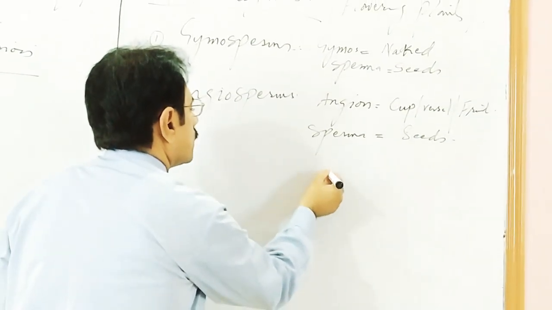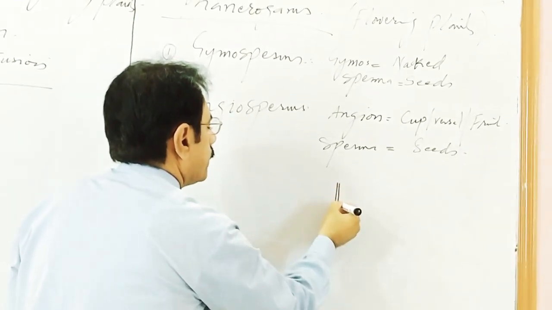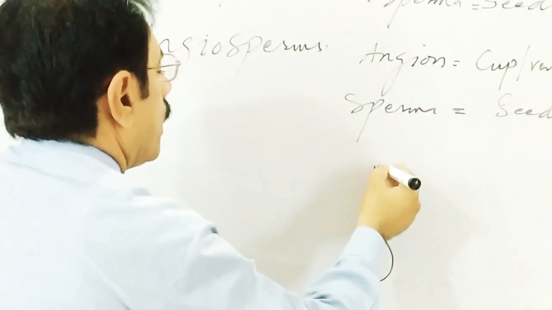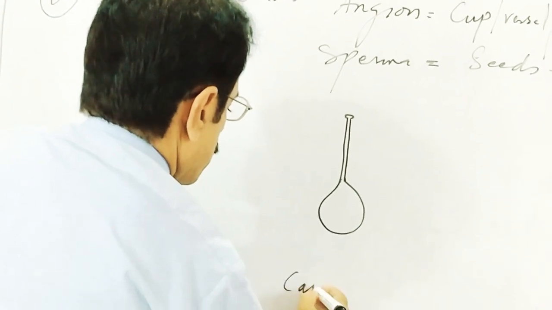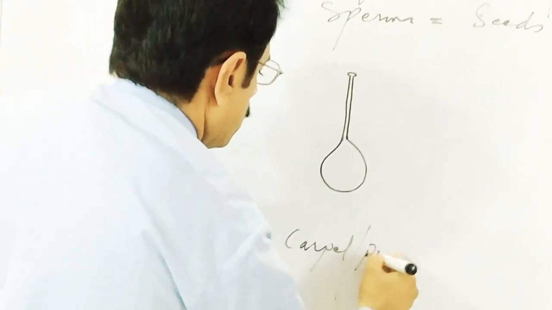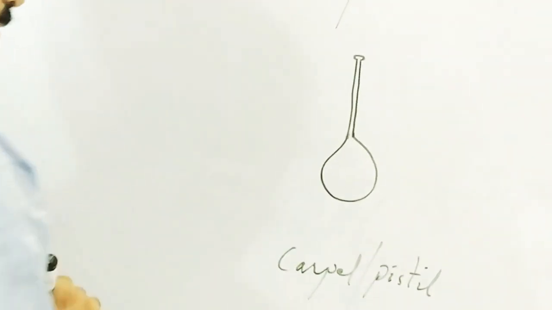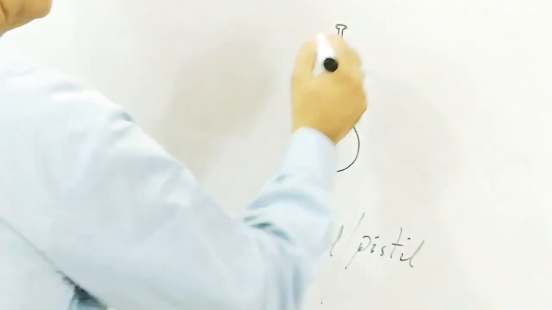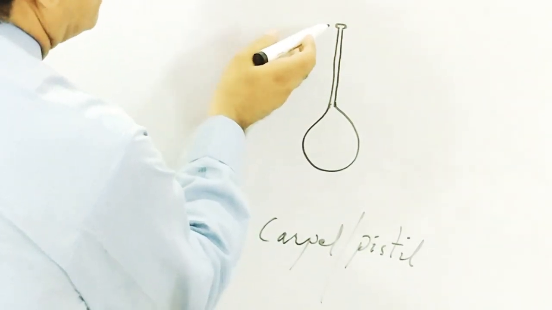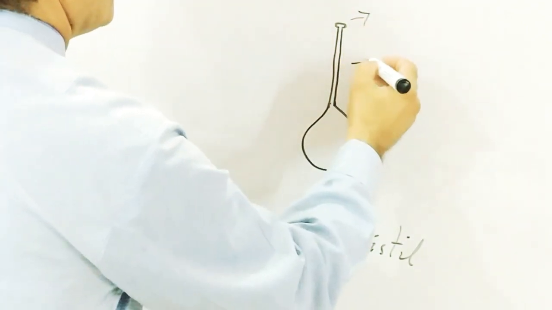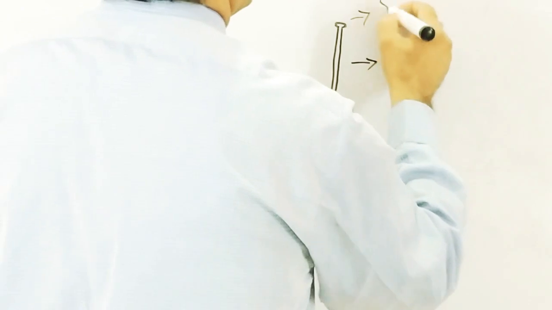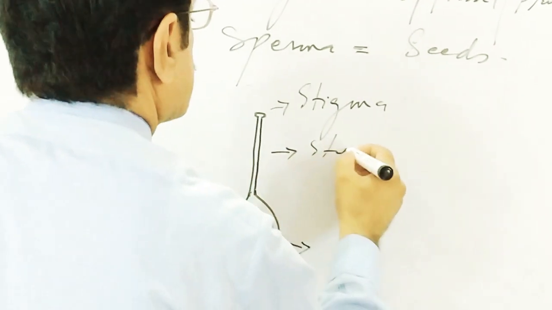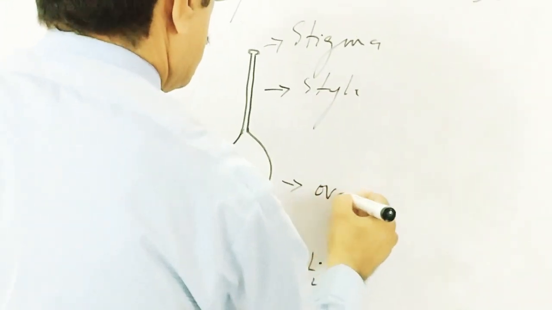Let me draw this diagram. This is supposed to be the female reproductive part of the plant, called the carpel or the pistil. This is the female reproductive part of a flower, having three parts. The upper tip is called the stigma. This long neck is called the style, and this is the ovary.